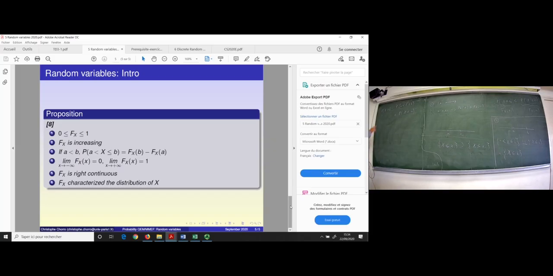Because by definition of the distribution function, I can write this way: F_X(B) equals the probability that X is strictly greater than A and less than or equal to B, plus F_X(A). And you have exactly the third point in Proposition 8. I just use here the fact that the probability of a disjoint union is equal to the sum of the probabilities.